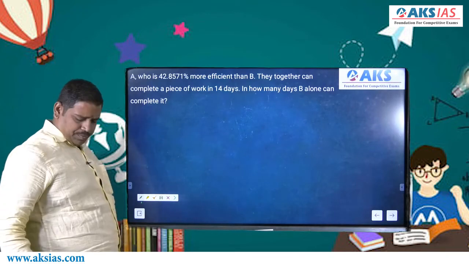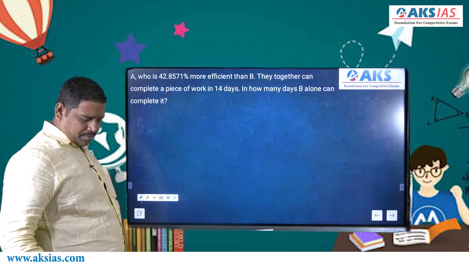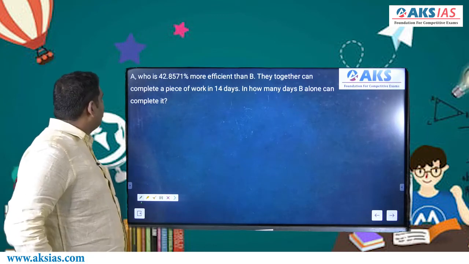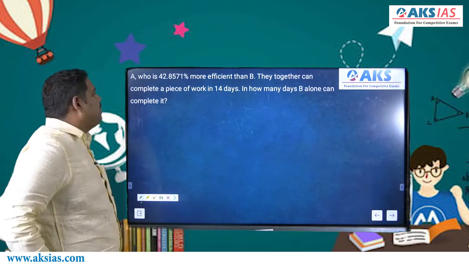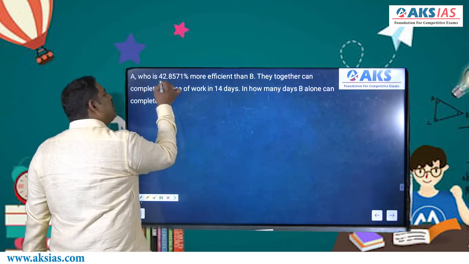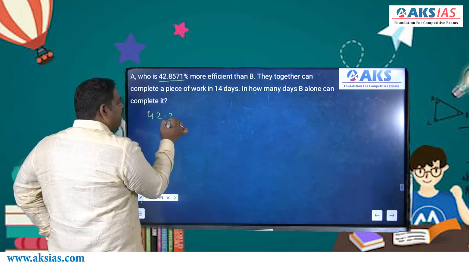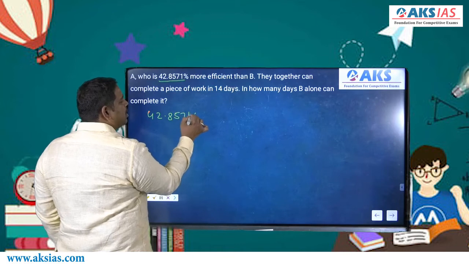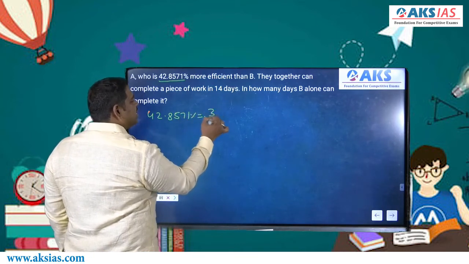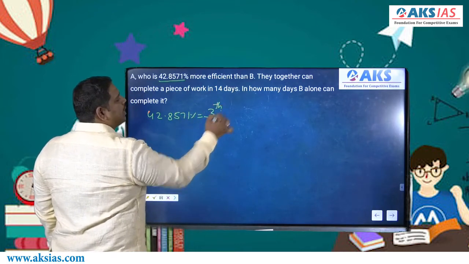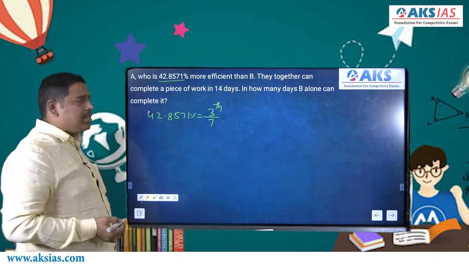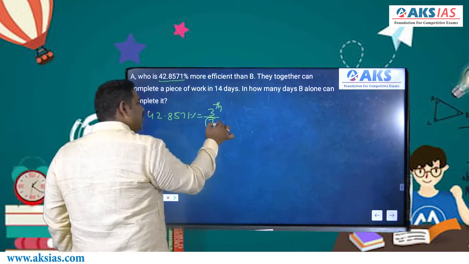Okay, A is 42.8571% more efficient than B. First we should convert this into a fraction. 42.8571%, as I explained in percentages, is equal to 3 by 7. Is it correct? 3 by 7. So what's the denominator? 7.